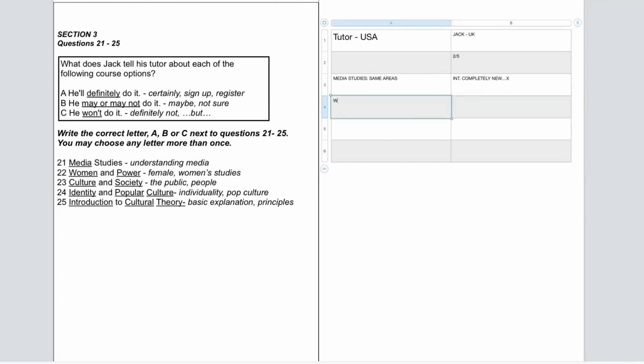Again, it has a historical focus. It aims to contextualize women's studies by looking at the legal and social situation in the 19th and early 20th centuries. So it would be useful if I intended to specialize in women's studies, but I'm not sure I do actually. Well, it might still be useful to give you an idea of the issues involved. It's taught by Dr. Steed. Oh, really? I'll sign up for that then.